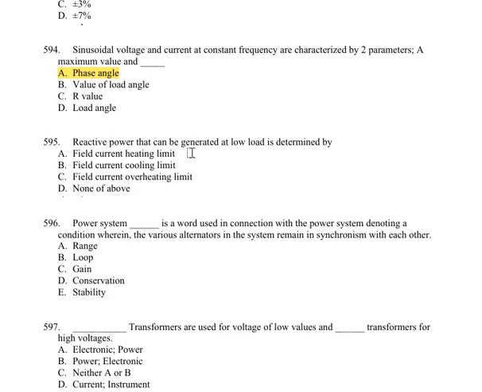Electric power that can be generated at low load is determined by phase current heating limit. Power system stability is a word used in connection with power systems, denoting a condition wherein the various alternators in the system remain in synchronism with each other.